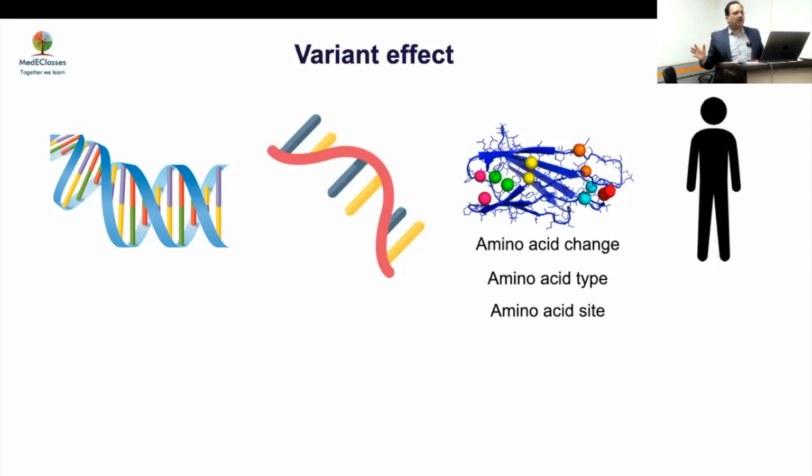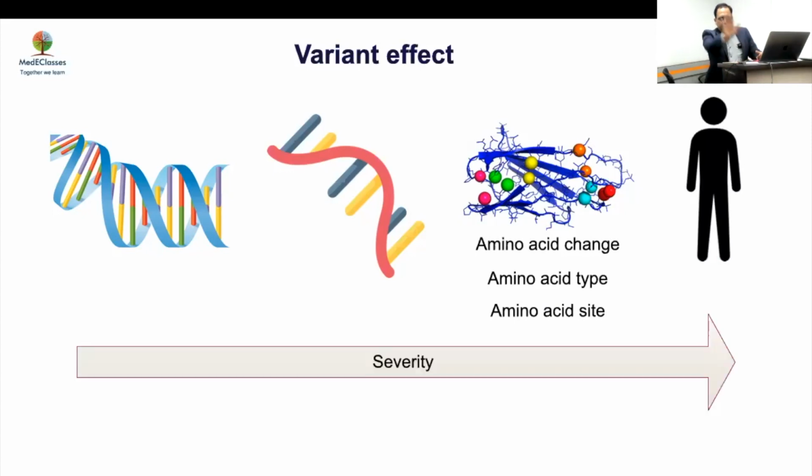You will say, why are they talking about all this? This is relevant because that will decide the change that particular mutation will cause. So if it is affecting a particular part which is most important functionally, it will have an effect. But if everything is fine, it's part of that structure which is intracellular doing nothing, it may not cause a difference. So this is how you will try to predict.